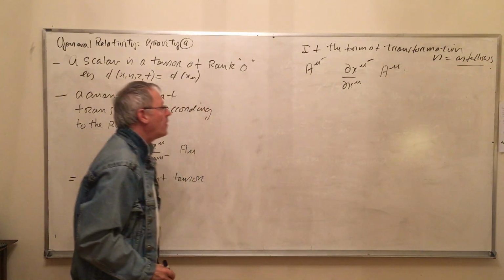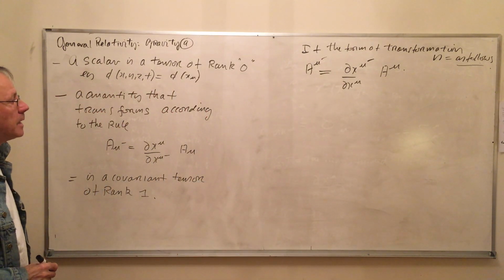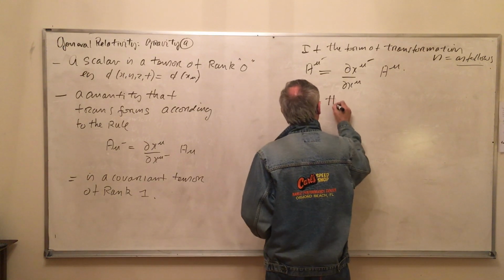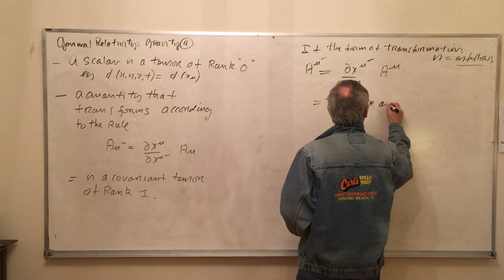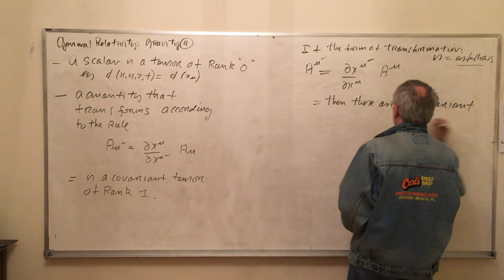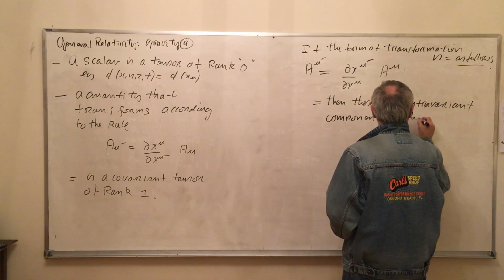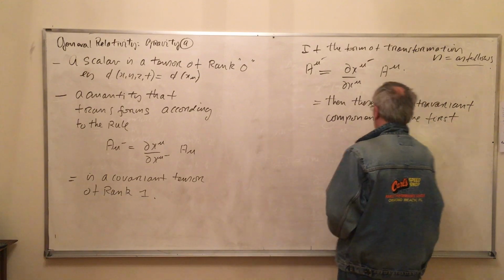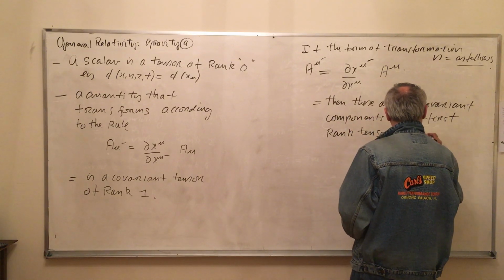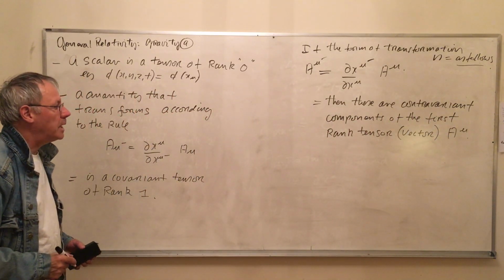If the form of the transformation is as follows, a mu dash is equal to dx mu dash over dx mu times a mu, summed over the mu's on the bottom, then it's said to be contravariant. These are the contravariant components of the a mu, and we write them with the indices upstairs.